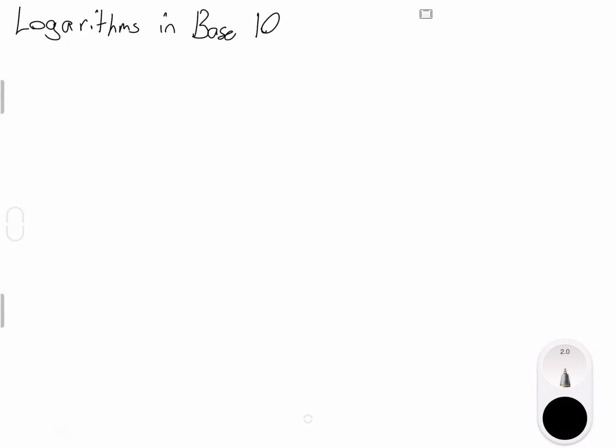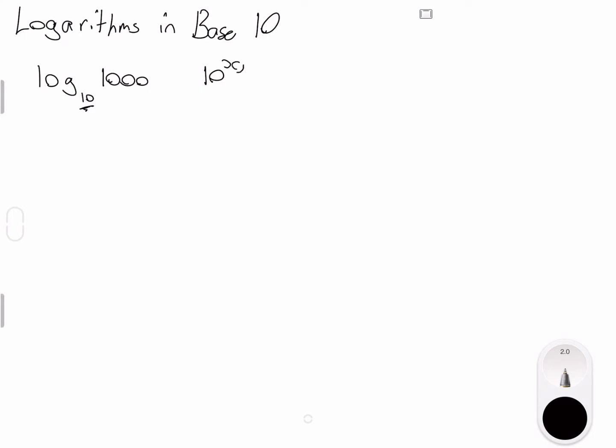So, for example, if we've got a logarithm in base 10, I'd write this like so. If I've got log in base 10, so it indicates it's base 10 down here, of 1,000, then what number must 10 be raised to, or 10 to the power of x?